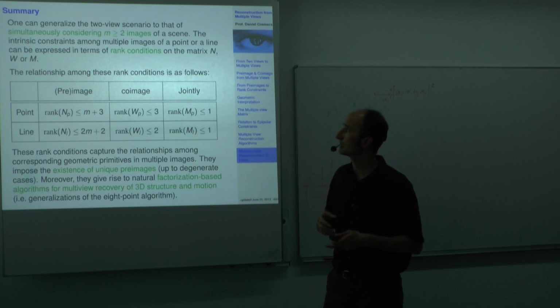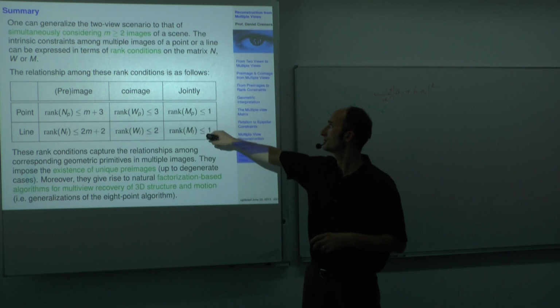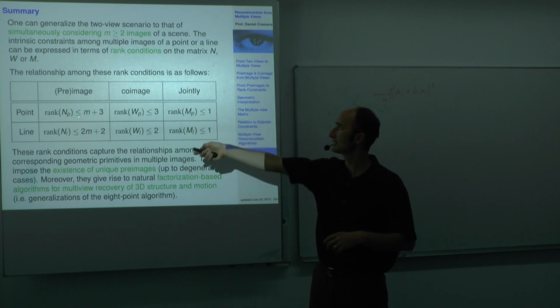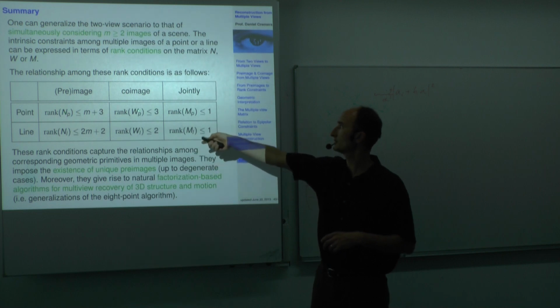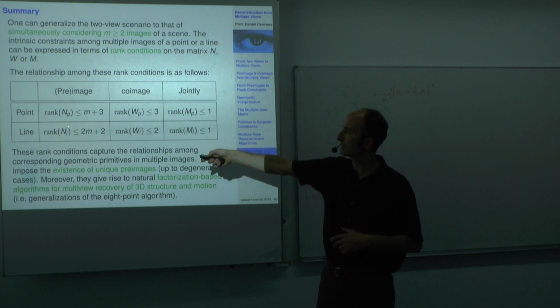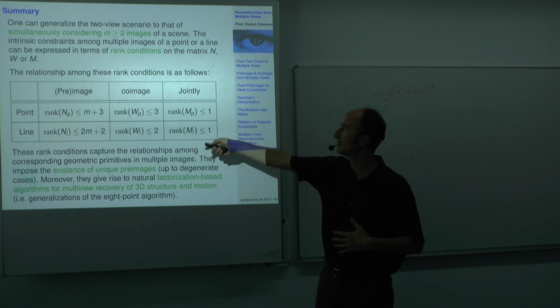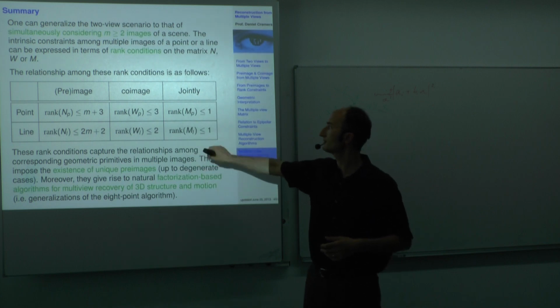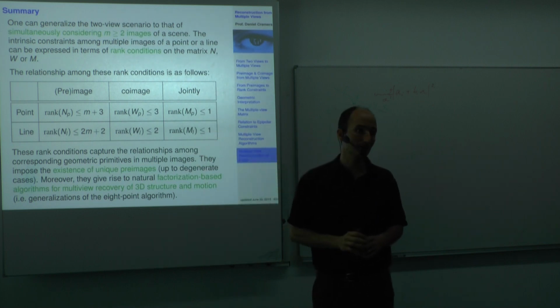And the way we can summarize these relationships, these rank constraints, to have a reconstruction: we constructed different matrices NP, WP, MP, and similarly, I don't think I mentioned the matrix NL. I worked directly with WL and ML, so you have these matrices and you can impose rank constraints.